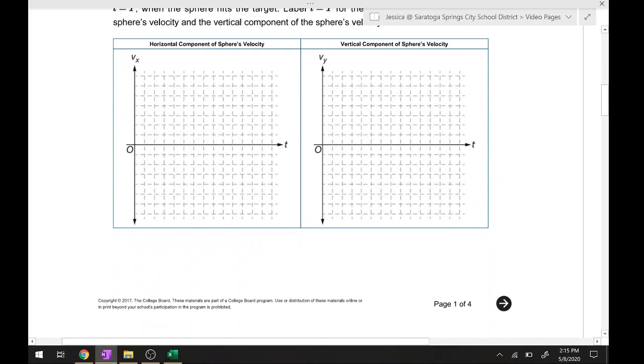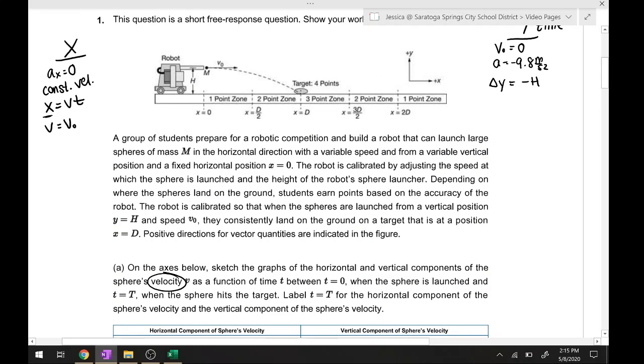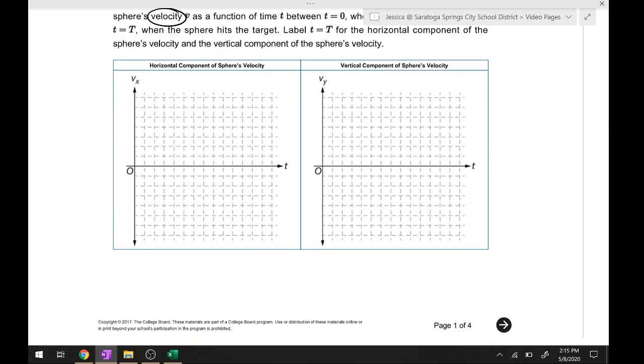Okay, so the horizontal component, remember, we already talked about, since the acceleration is 0, undergoes a constant velocity. Now, this object is traveling to the right, which according to the problem is a positive direction. So I need to have a constant positive velocity, okay? And I'm going to label this last point here as time t.